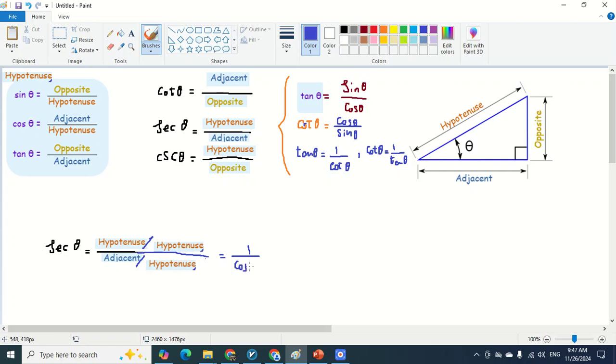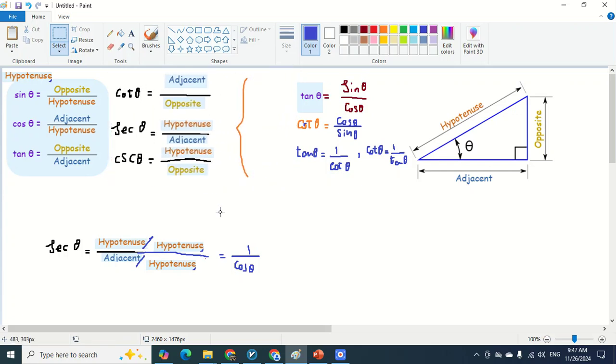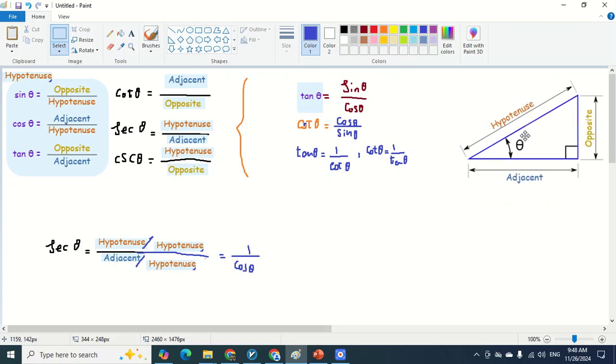So we found this relation right now. Let me extend the place for putting this relation over here. So these are our definitions, and as you can see, if we do that, we can have the following relations for the secant and cosecant of theta.